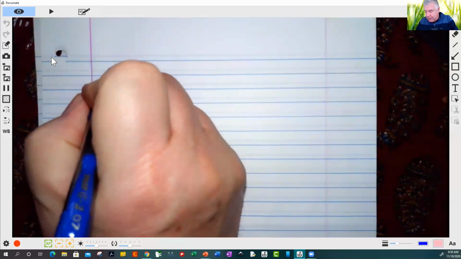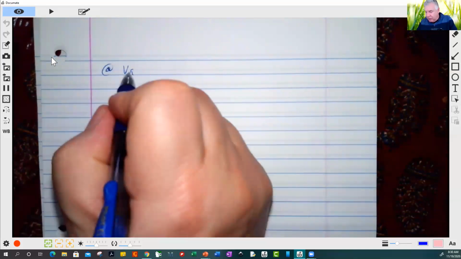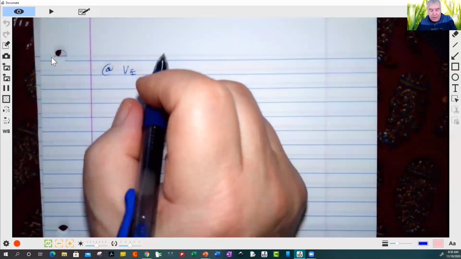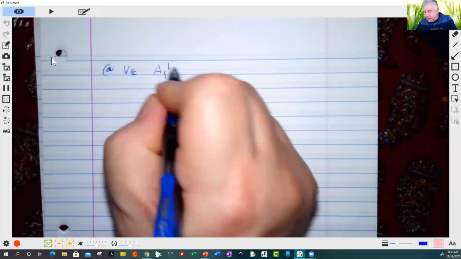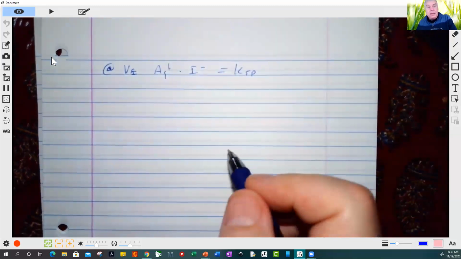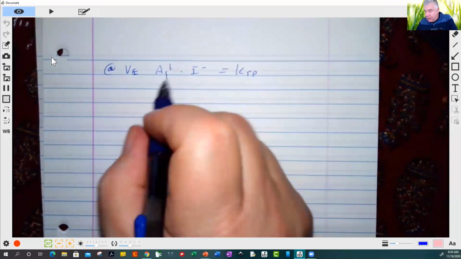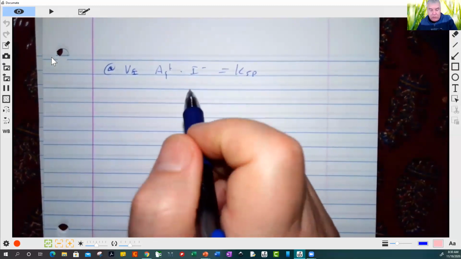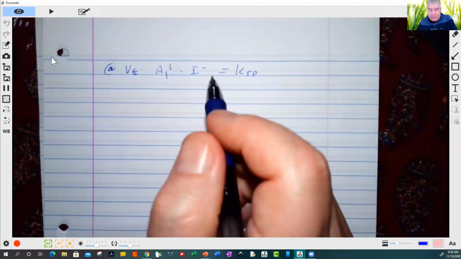Okay, so let's do the calculation at VE. Let's say at VE, the equivalence volume at this hypothetical point, we have Ag plus times I minus equal to KSP. I forget what we're looking for, I minus. They're the same, right?